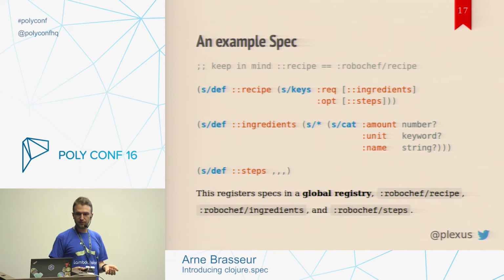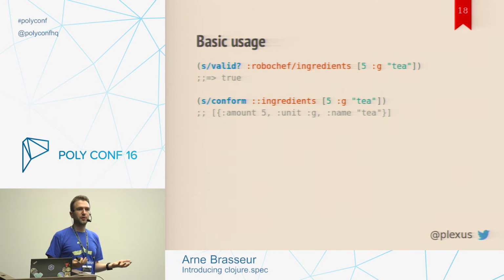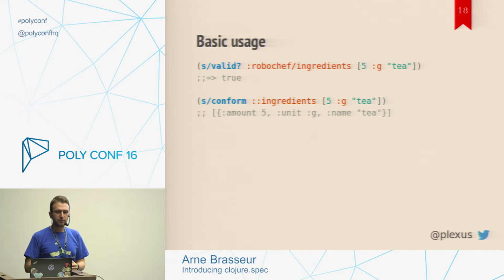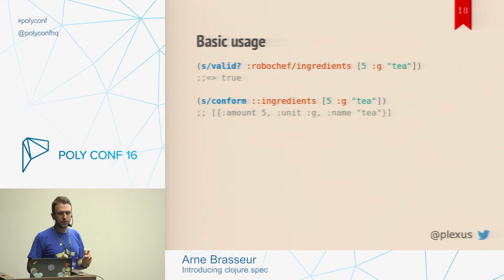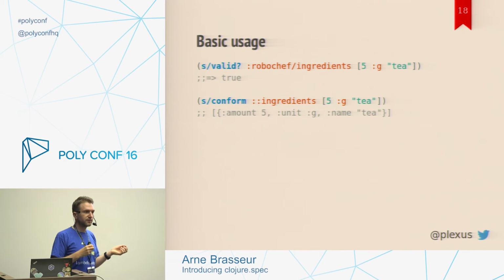What can I do with these? Well, the obvious one is I can validate some data. So now I can say, okay, 5 grams of tea, is that a valid list of ingredients? Well, yes, it is. One other interesting thing beyond merely saying whether it's valid is that you can conform data, which basically means it runs that data through your spec and gives you a more structured version of the same data.